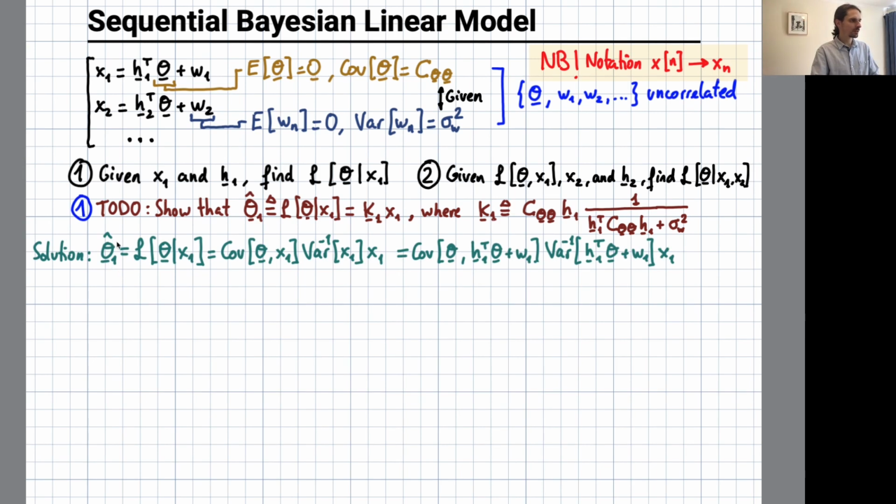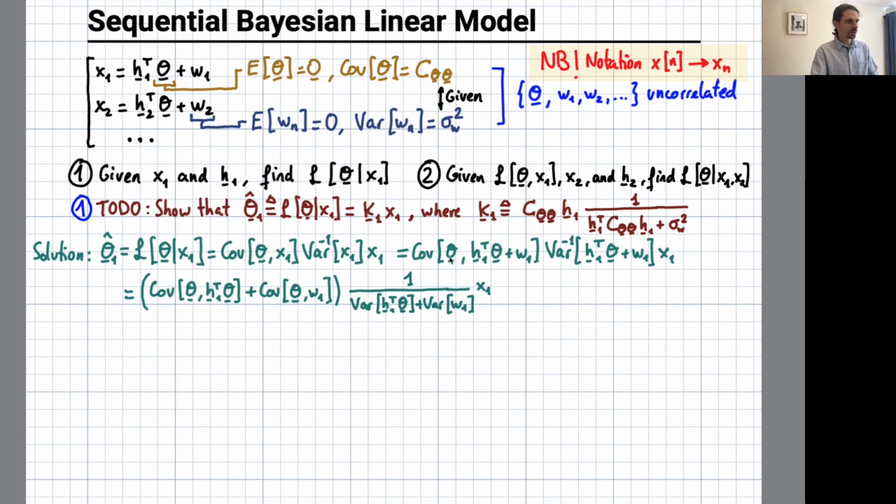This LMMSE estimator can be found just by using the general expression for LMMSE estimators that we know very well at this point. Now one can just use this first equation to write the estimate in this way, and what remains is to apply properties of variances and covariance.